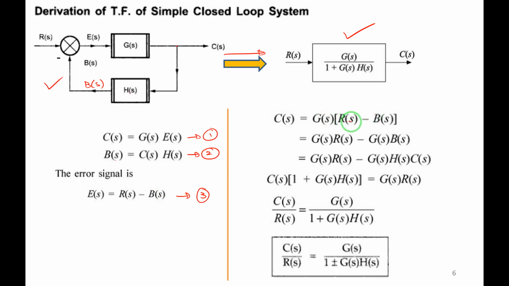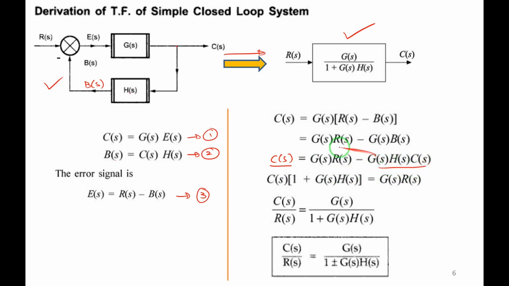So we have substituted R of S minus B of S for E of S. Multiplying, we get G of S into R of S minus G of S into B of S. The first term is written as it is, G of S into R of S, minus G of S into B of S, where B of S from equation 2 is C of S into H of S. Substitute here C of S into H of S. Then separate the C of S terms to one side. C of S is here, so C of S on this side.